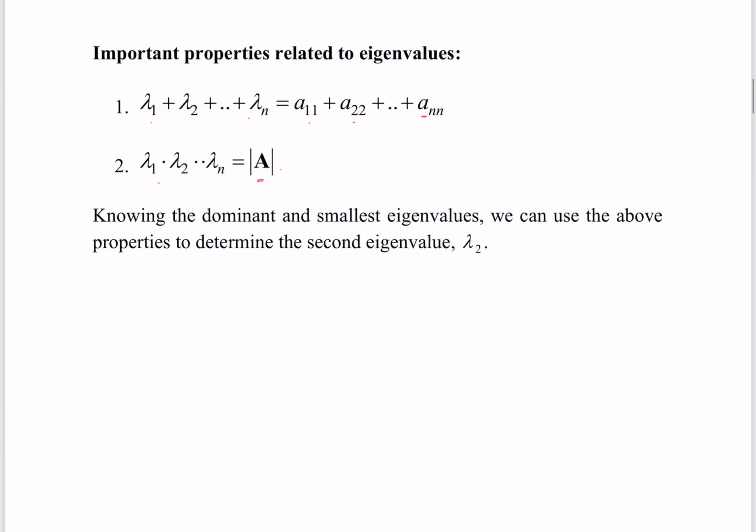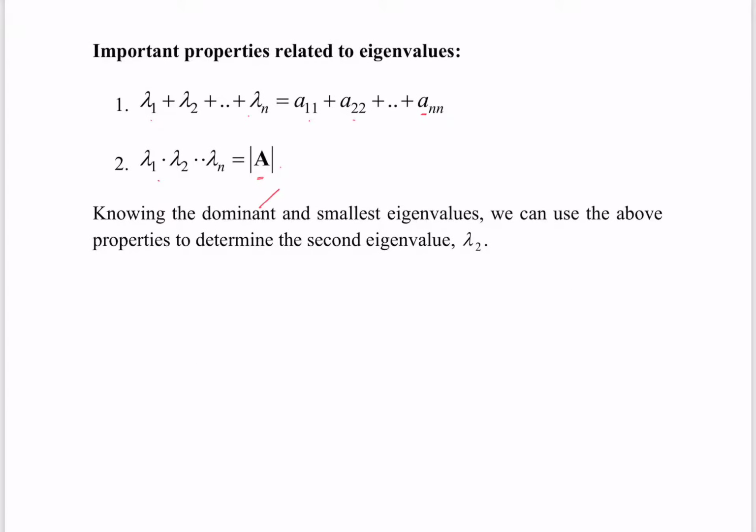Let's say the dominant is lambda 1 and the smallest is lambda 3. Therefore, we can get our second eigenvalue lambda 2 by using property number 1.